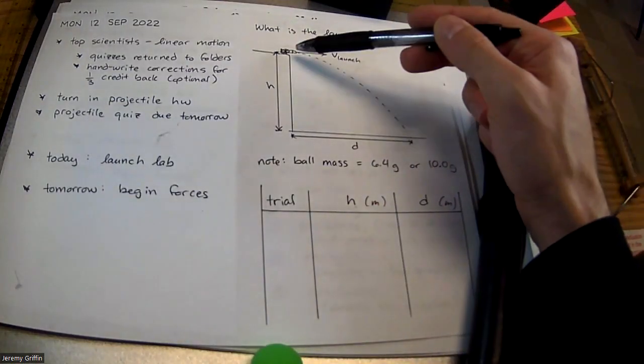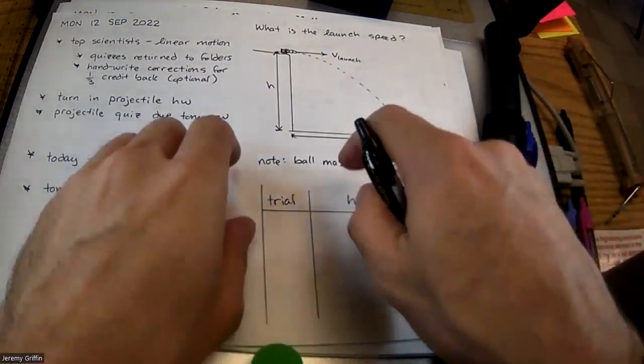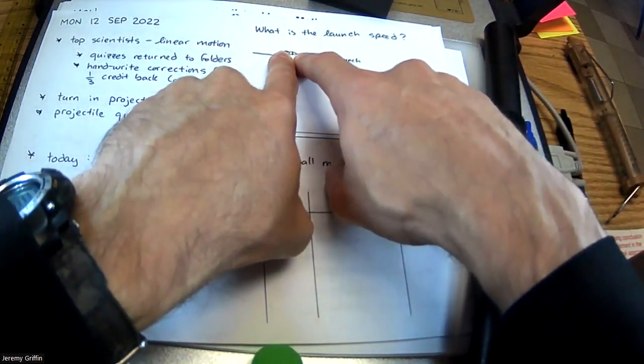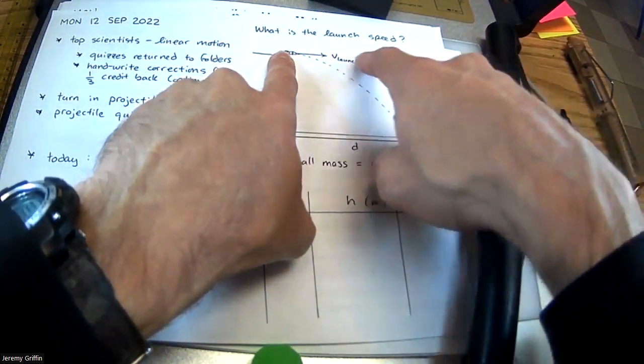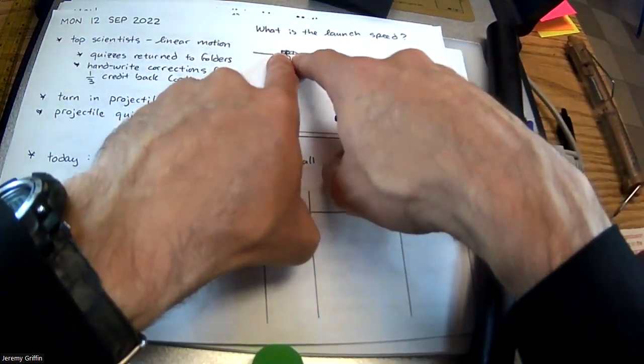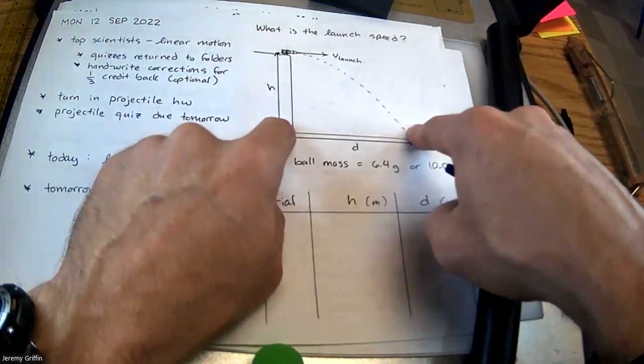You see this height drop right here? Let's go back and review a really important projectile concept. If I launch a ball horizontally, exactly like I'm showing here, and at the same time just drop a ball, which one hits the ground first? Same time.